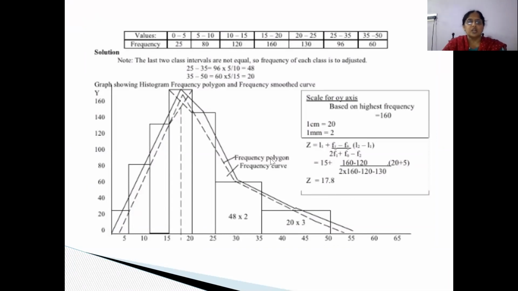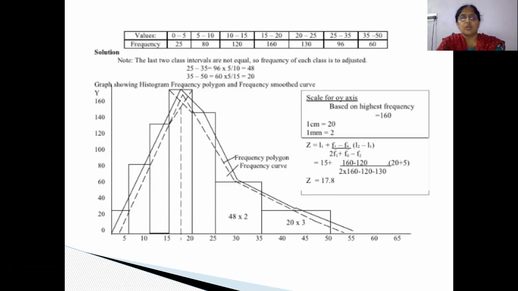So when we use graph sheet, we can get the exact answer graphically. Because this is drawn on white paper, a little bit of variation may be seen here, but it is exactly the same. So this is the method of showing the mode graphically.